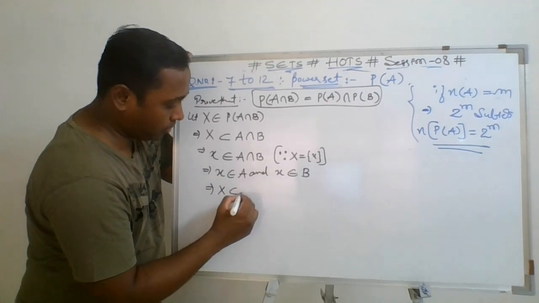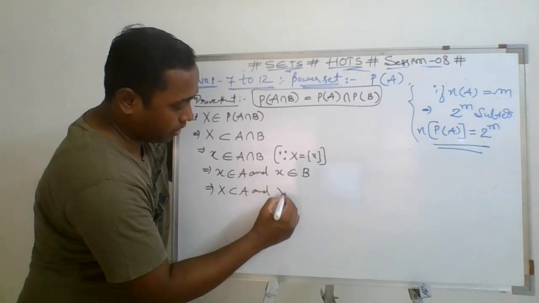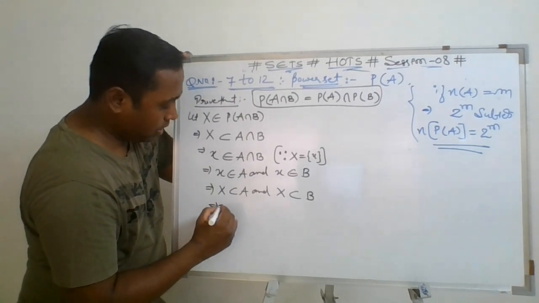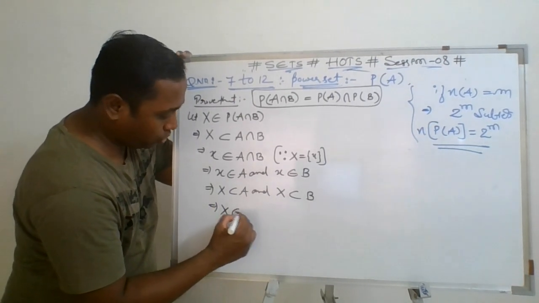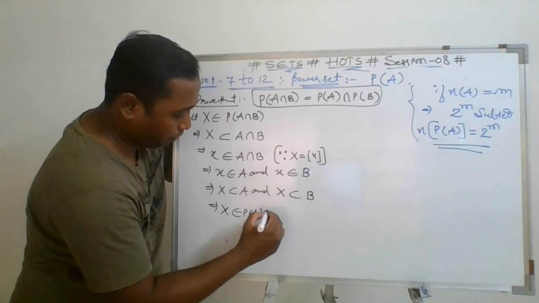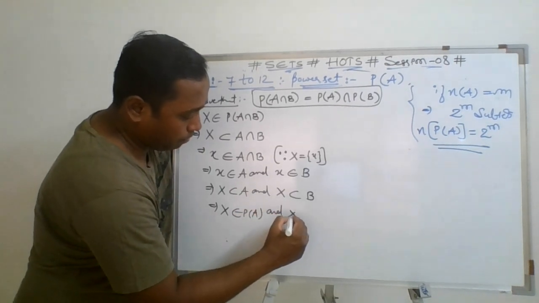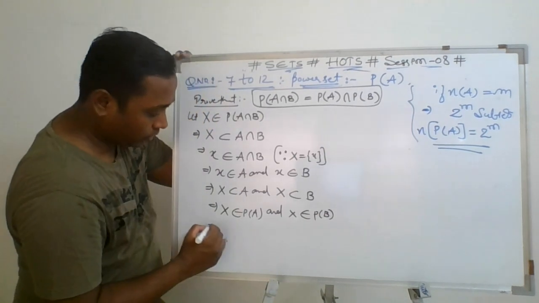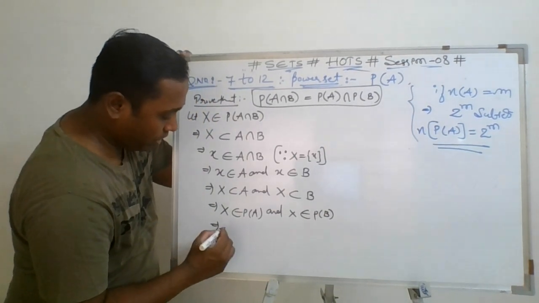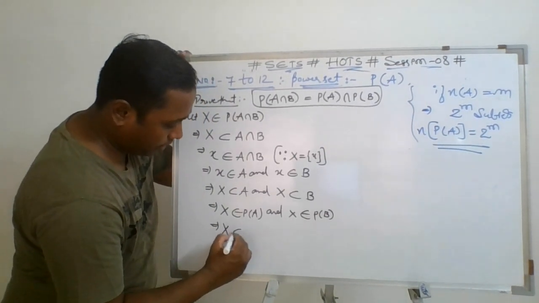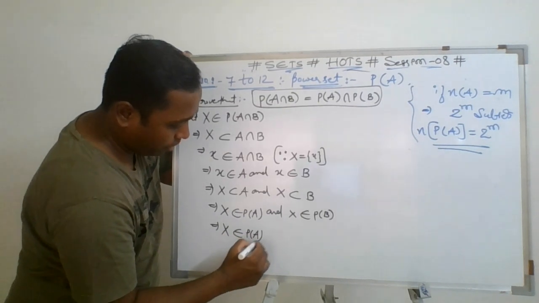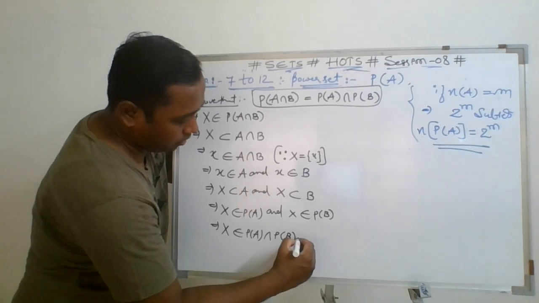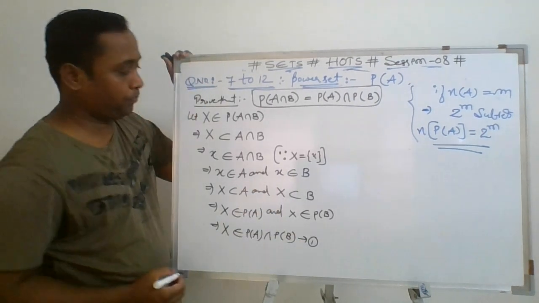Capital X would be a subset of A and capital X would be a subset of B. Hence, capital X belongs to P of A and capital X belongs to P of B. So now I can speak here, capital X belongs to P of A intersection P of B. This is reason number 1.